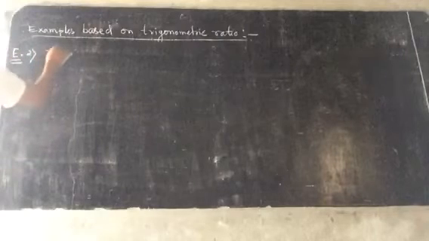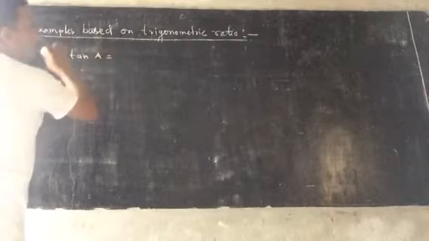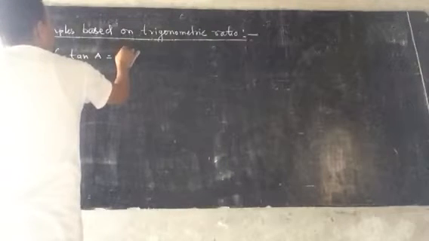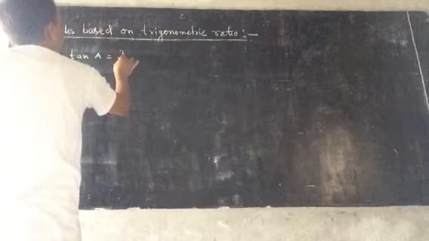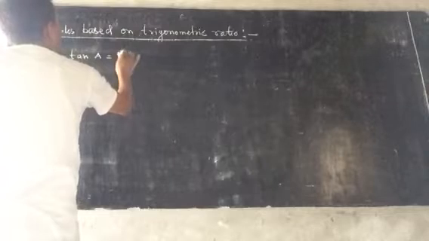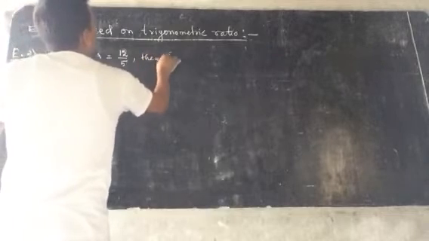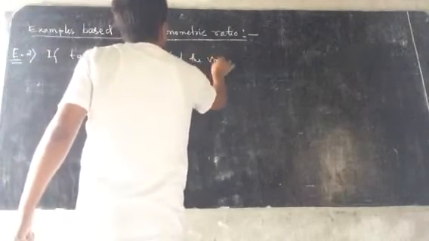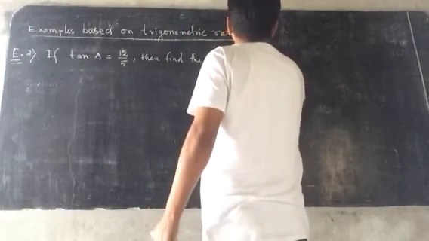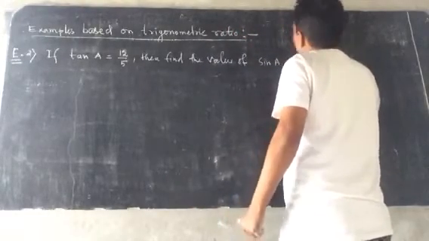If tan A equal to 12 by 5, then find the value of sine A and cosec A. Very simple question.